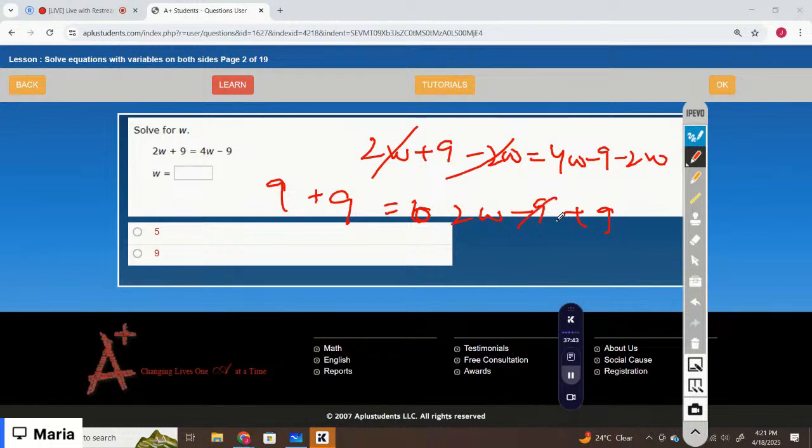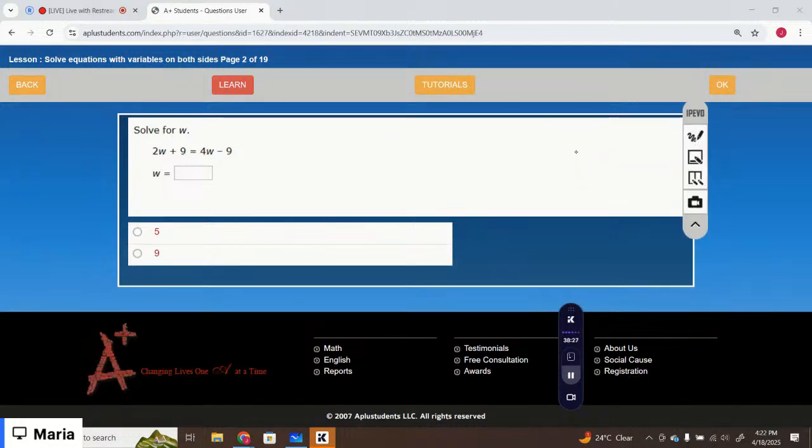So 9 and 9 cancel out. 18 equals 2w. That is w equals 9. Option number 2 is the correct option.